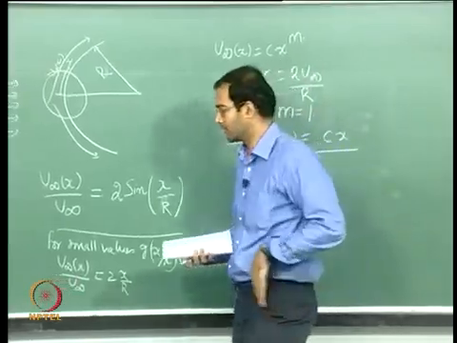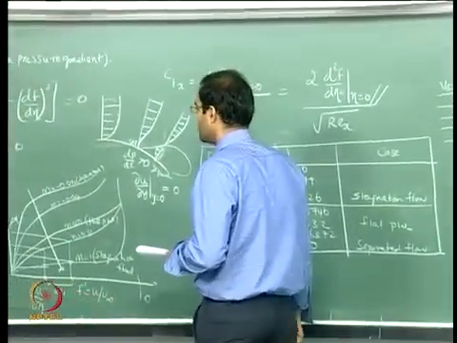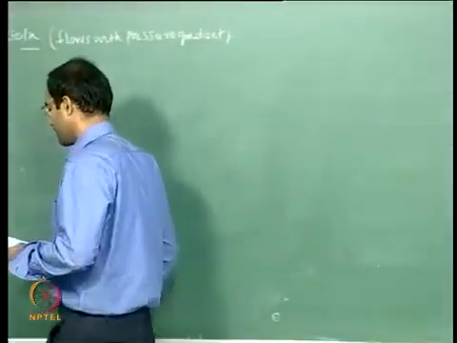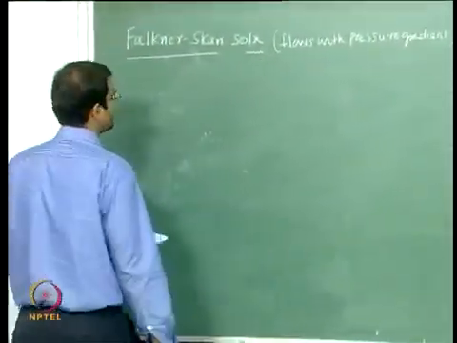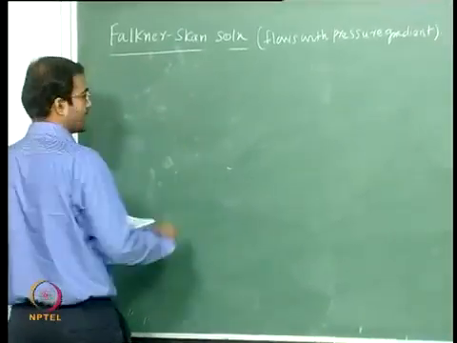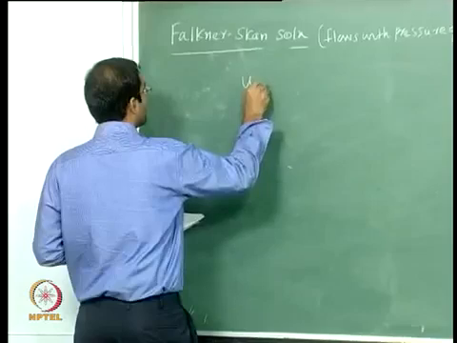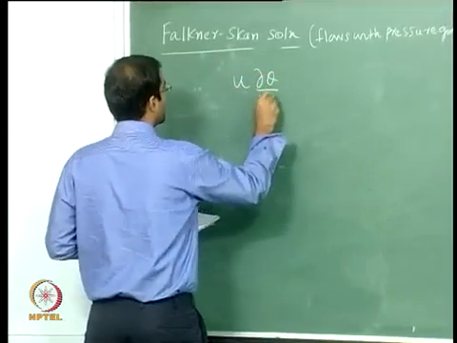Now we will move on to the heat transfer problem. The boundary layer energy equation, when you write it down for flows with pressure gradient or without pressure gradient, is the same.